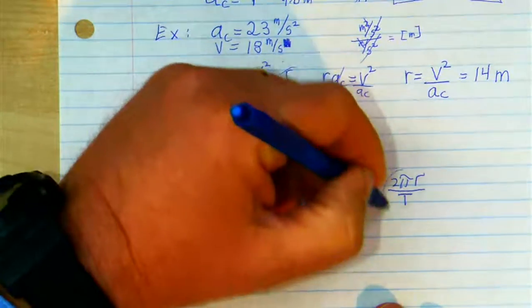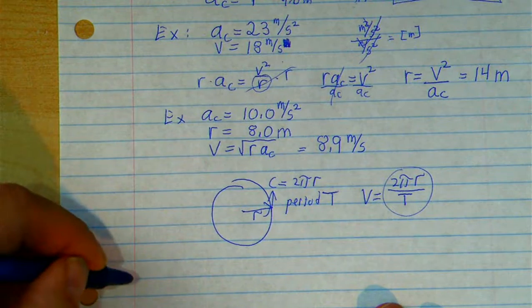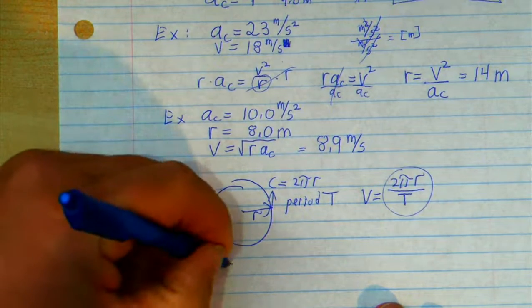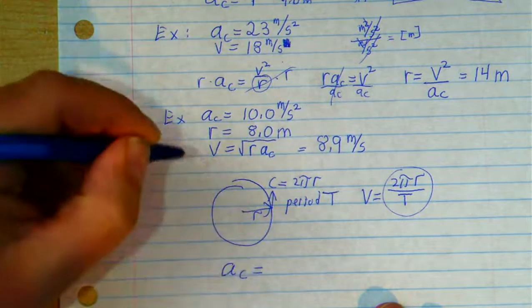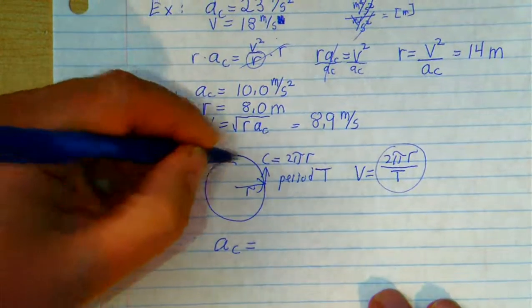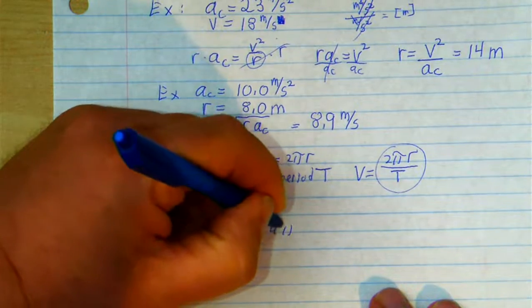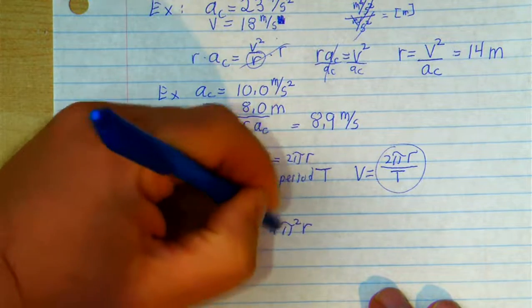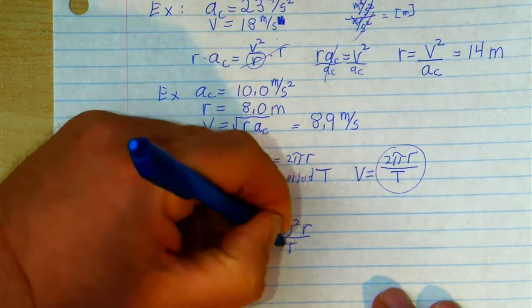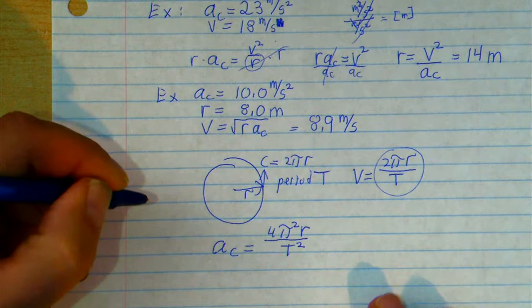And substituting this value for v into the centripetal acceleration equation, we have centripetal acceleration is equal to 4 pi squared times r divided by T squared.